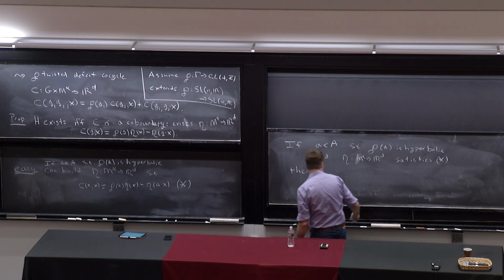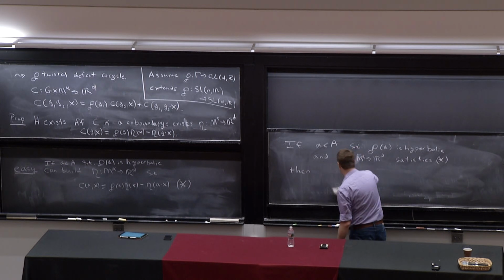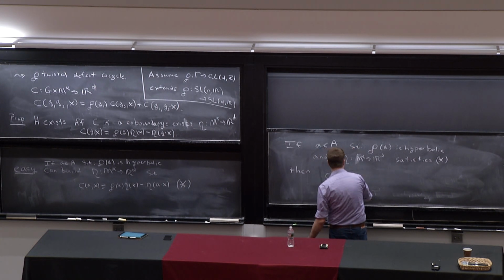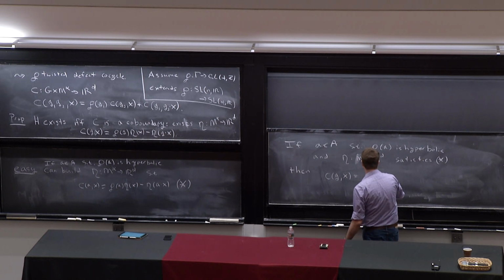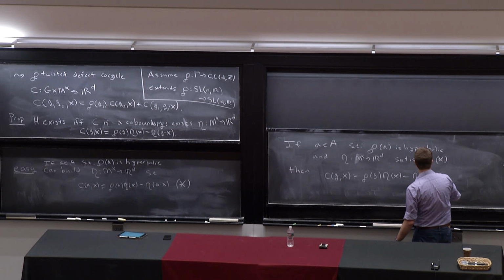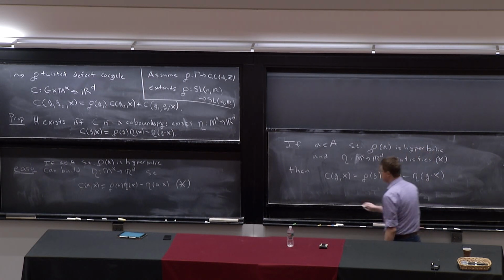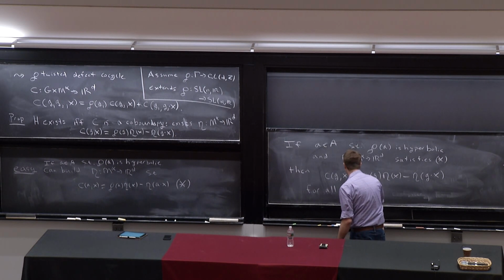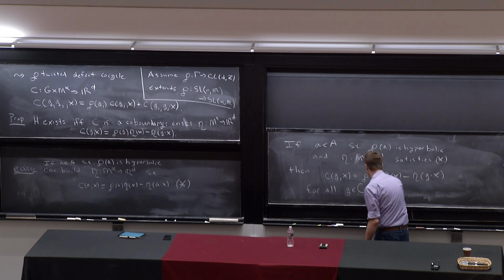It actually is going to solve it for the centralizer. Then eta, whatever our cocycle is, evaluated at gx, is rho g eta of x minus eta g x. And this is for all g in the centralizer in SL n R of A.